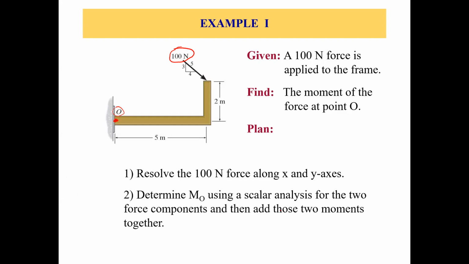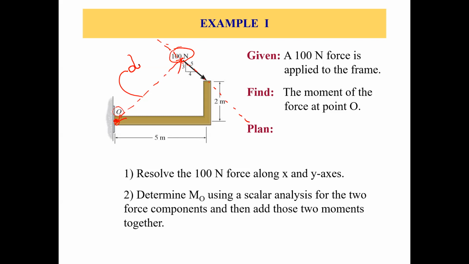First, we need to have the distance between the direction of the force and point O. What is the perpendicular distance? It's this guy. You can say this is the distance d, which is the moment arm of this force at O, the perpendicular distance.